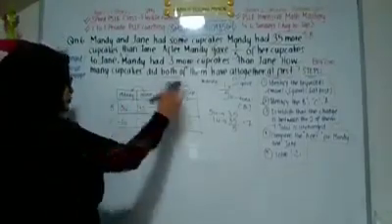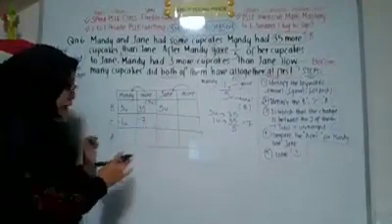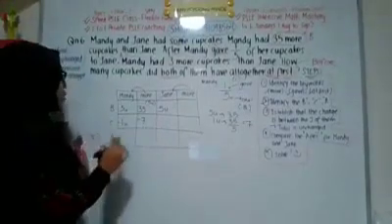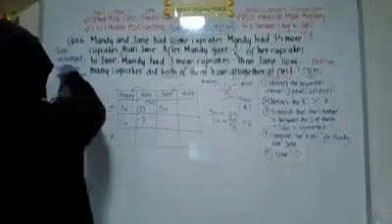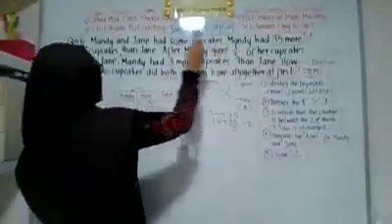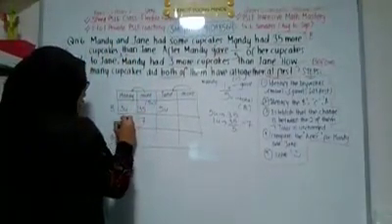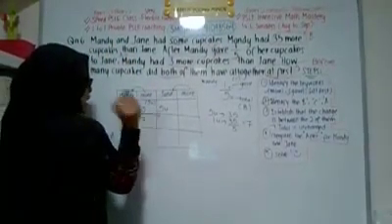So now, what are we going to do next? We are going to find out the after row. Now, let's move on to this. Remember that after Mandy gave 1 over 5 of her cupcakes to Jane, which means this 1 unit is given to Jane.